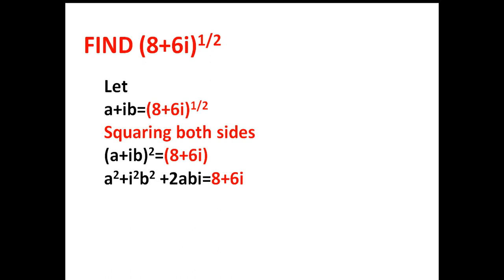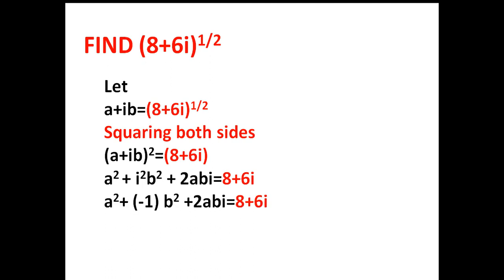Next we have to write the formula of (a plus iota b) whole square. We know it is a square plus b square plus 2ab, that is, a square, iota square b square, and plus 2a into b iota.